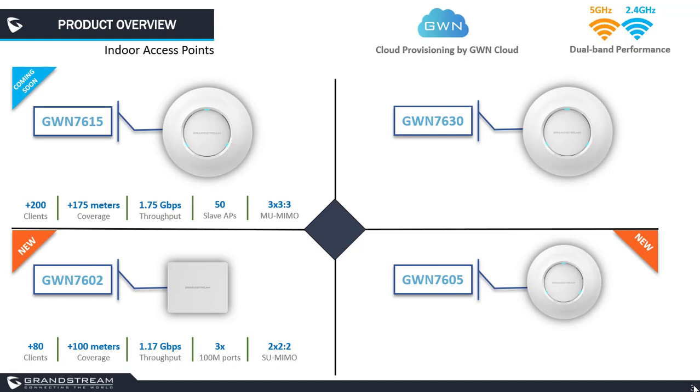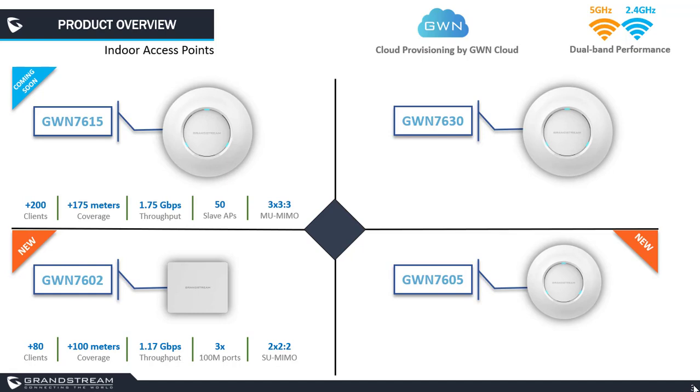Next is the compact Wi-Fi access point, GW1 7602, which is designed for small businesses, homes, offices, hotels, and more. It provides 3 fast Ethernet ports to provide wired connection to devices like IP phones, computers, and any device that basically requires an Ethernet connection, while also providing an uplink gigabit network port with the PoE and PoE+.